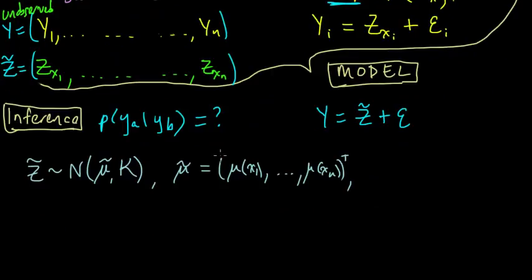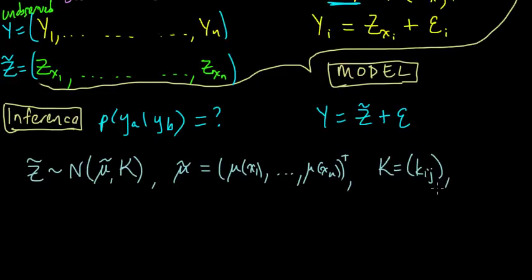That's the definition, because the covariance matrix is just the matrix of the covariances between zxi and zxj. And the covariance of zxi and zxj, from the formulation of the Gaussian process, is just that kernel evaluated at those two points.